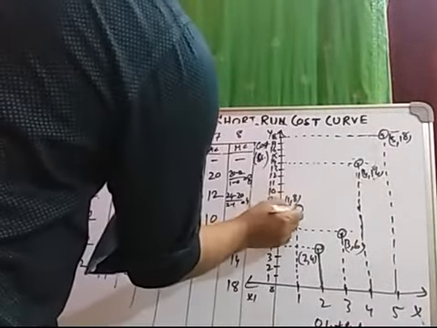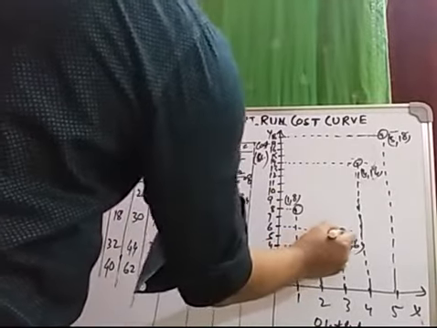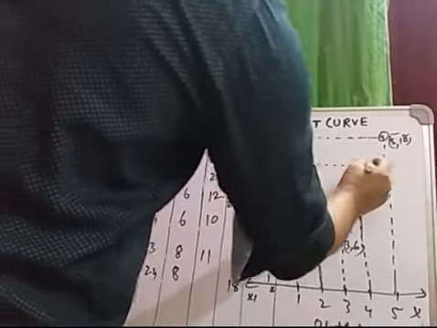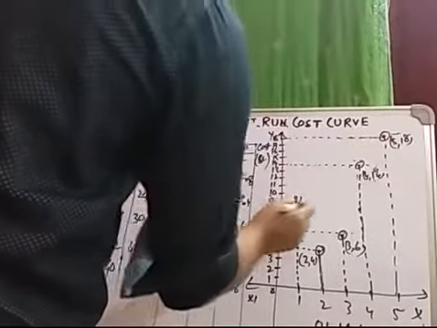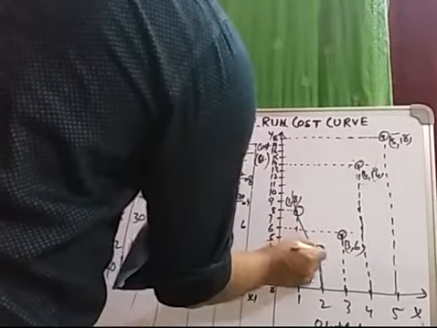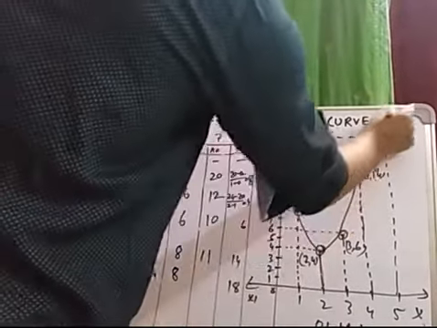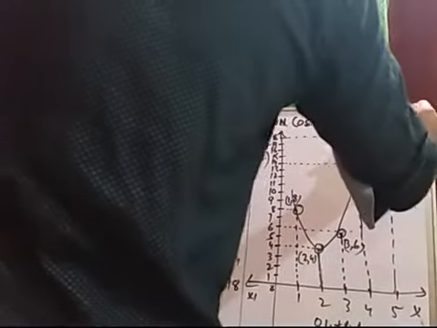Now if I add the point, then this is the point, this is the point, this is the point, this is the point, and this is the point. That is called the marginal cost curve.